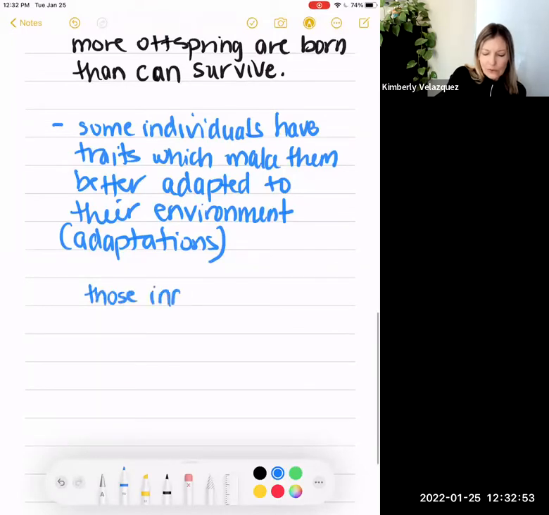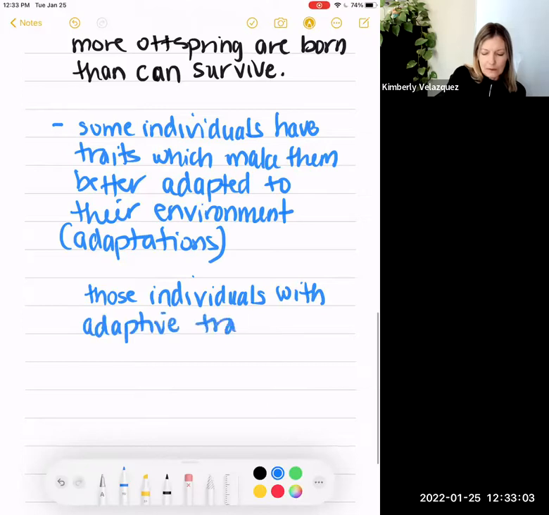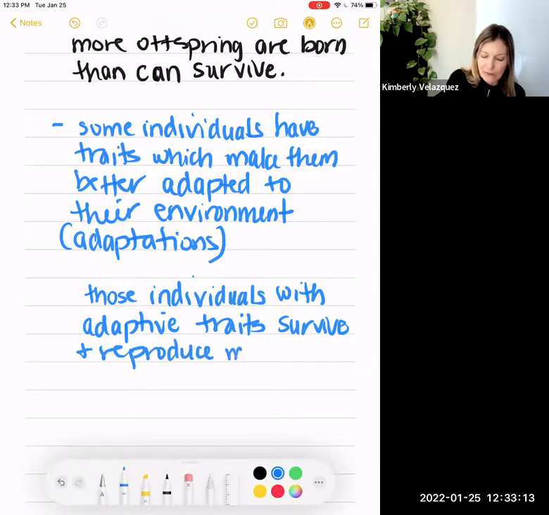So those individuals with adaptive traits not only do they survive, but they reproduce more than those who don't have the adaptive traits, and they pass these adaptive traits to their offspring.